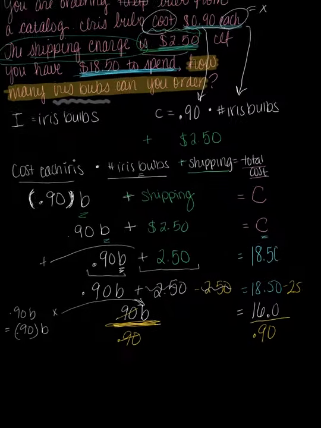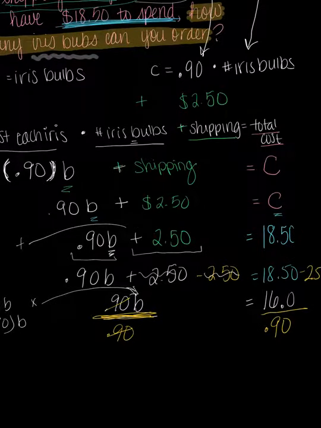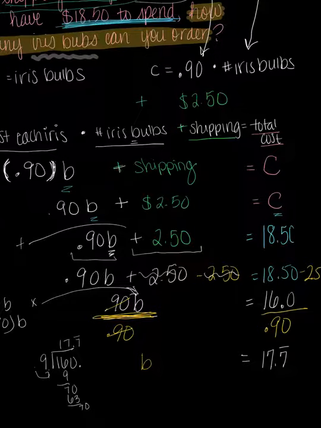Remember, my goal is to get B by itself on this side to know what it's equal to. So my B is going to be equal to, hopefully you plugged this into a calculator or did the math and you recognize that my bulbs now are 17.7 repeating.